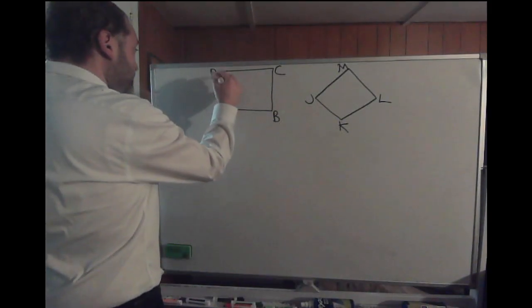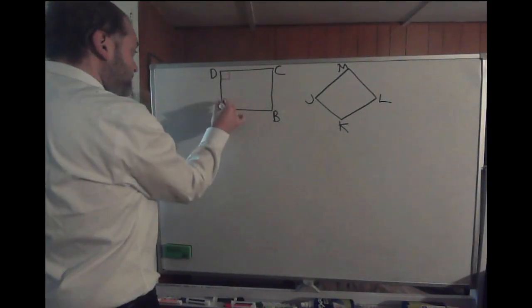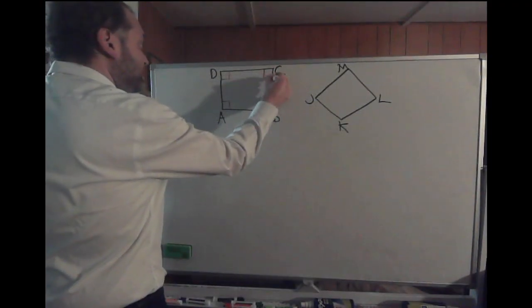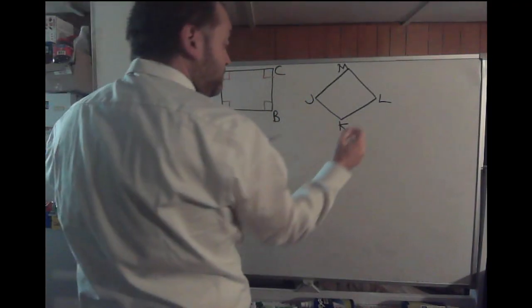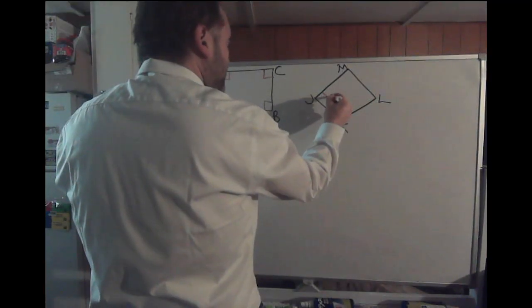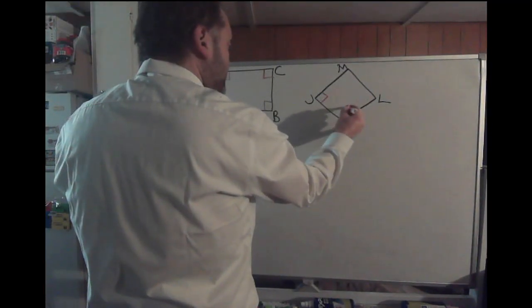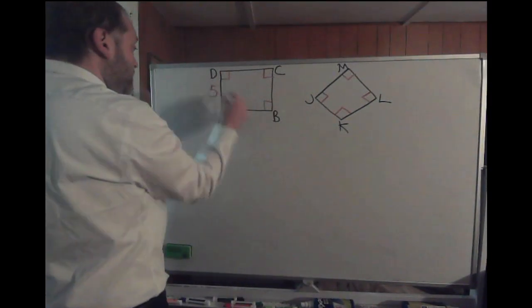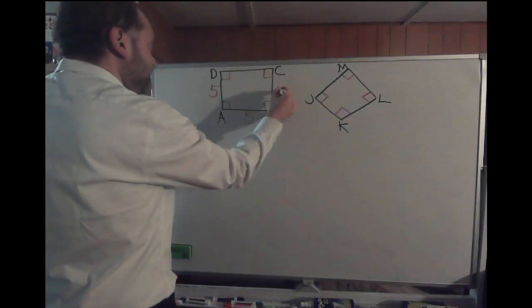Again here, we have 4 right angles for quadrilateral ABCD. And then we even have 4 right angles in quadrilateral JKLM. Each side of this quadrilateral to the left has a length of 5.